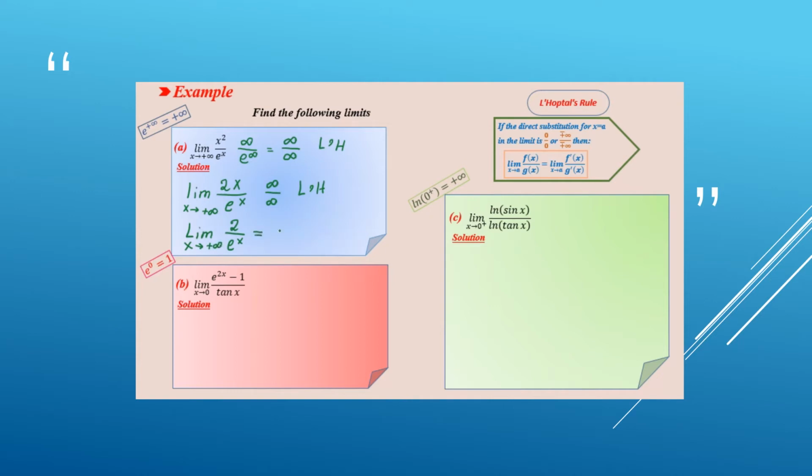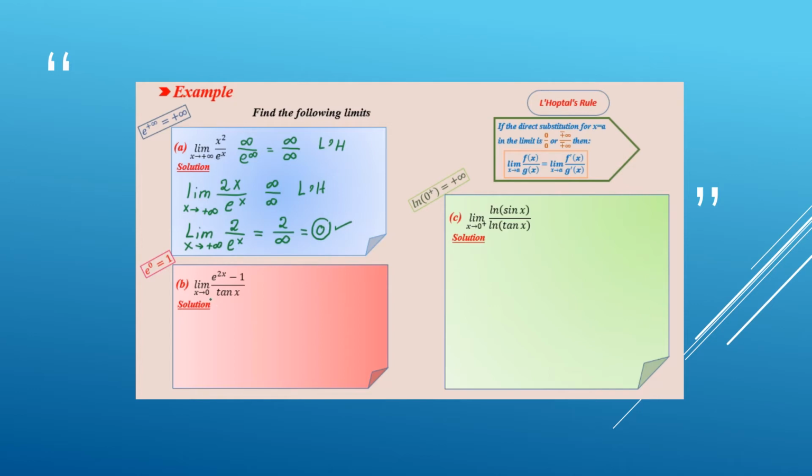And this equals 2 over e to the power infinity, which is 2 over infinity, and a number divided by infinity equals 0. So in part A, we used L'Hopital's rule twice. Maybe you have to use L'Hopital's rule more than once, 2 times, 3 times. It depends on the question.